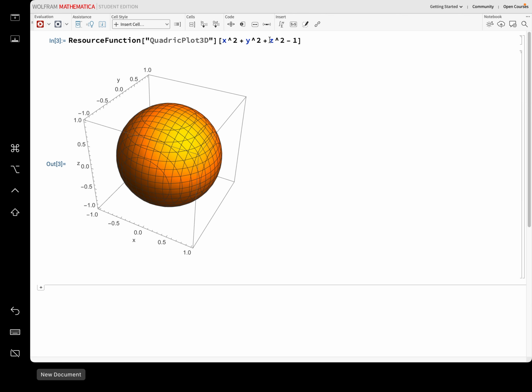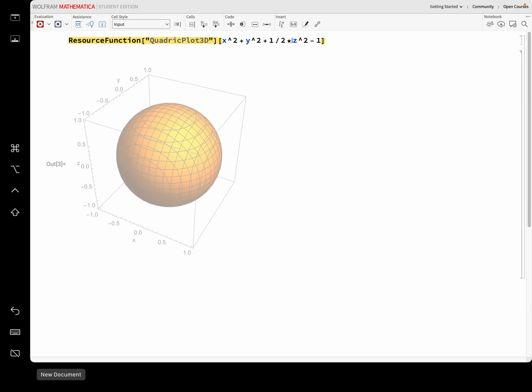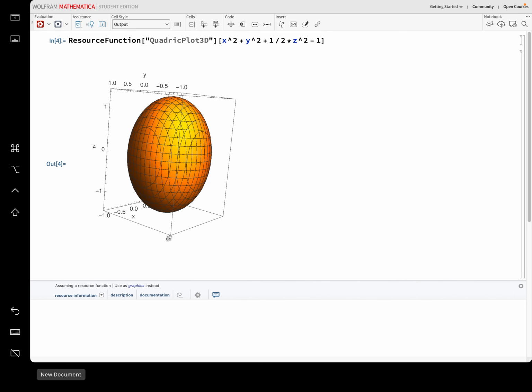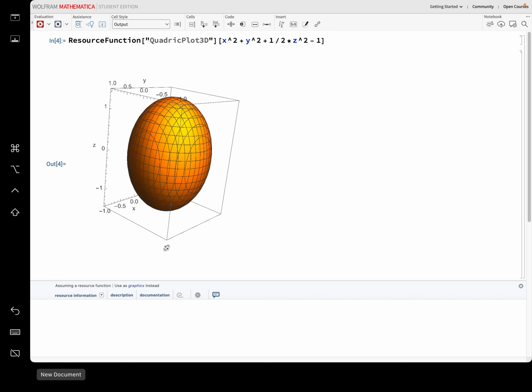So it was x squared plus y squared plus 1/2 z squared equal to 1. And ta-da, you see exactly the surface that I just described, right? This is an ellipsoid. It's stretched along the z-axis.